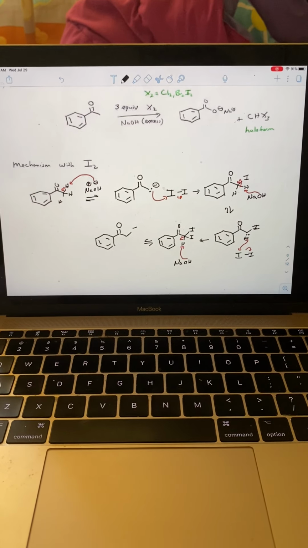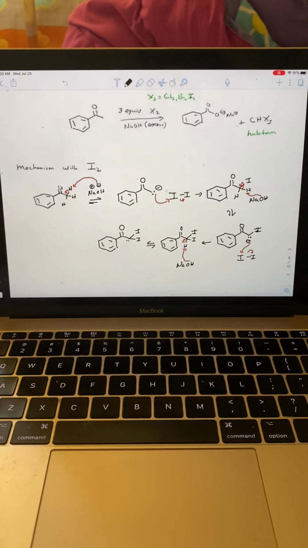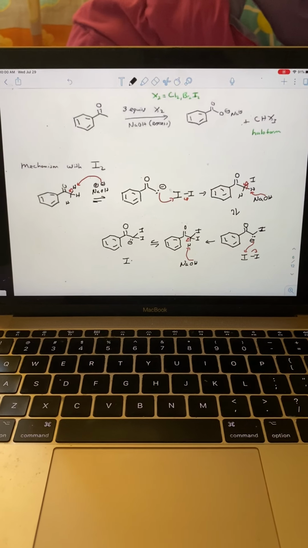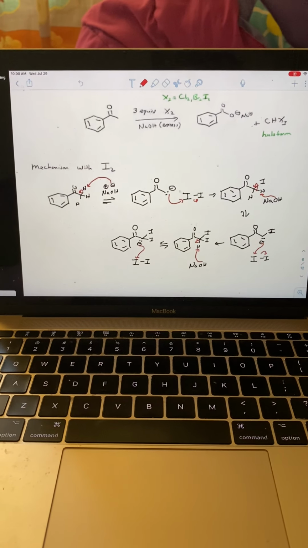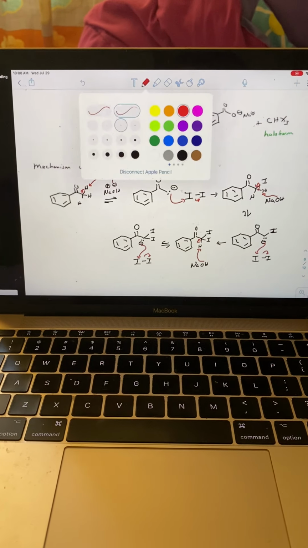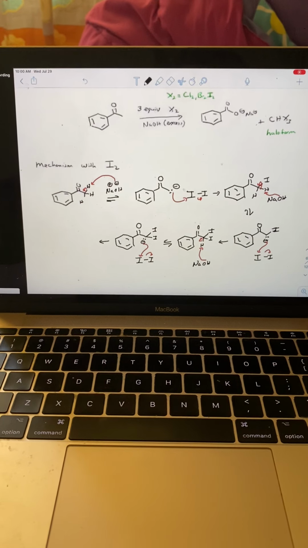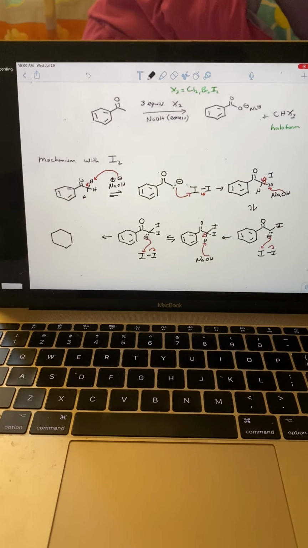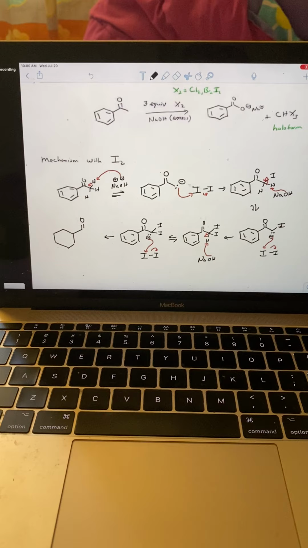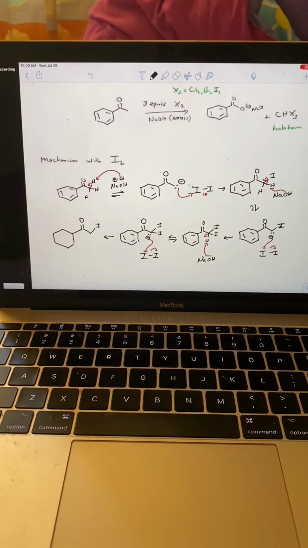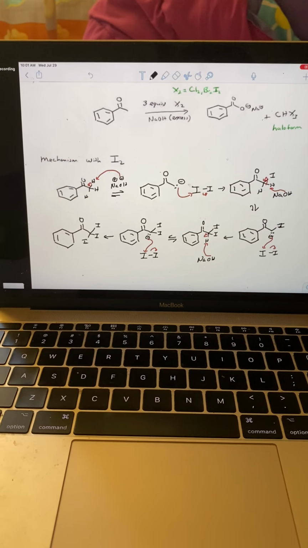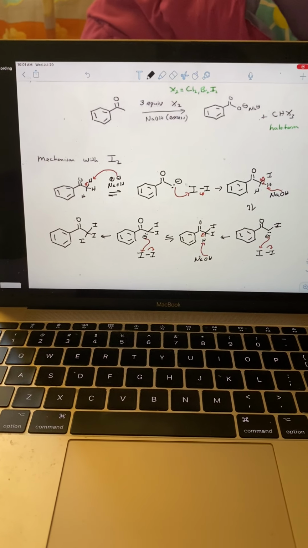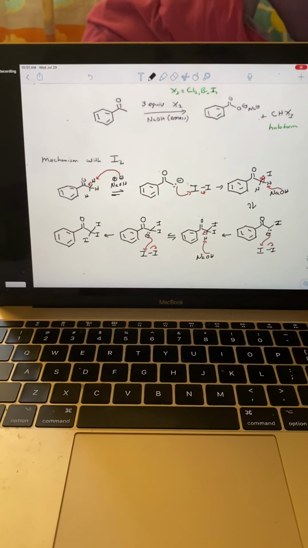Let's see, let's put this iodine here. Here's our enolate. We'll write it here to the left. 3 iodines. So now we have 3 iodines here.